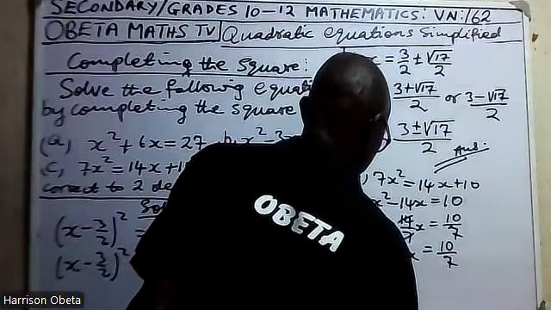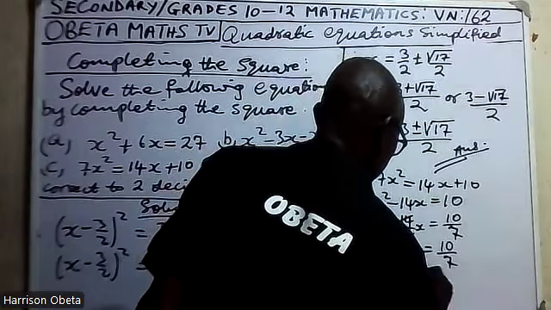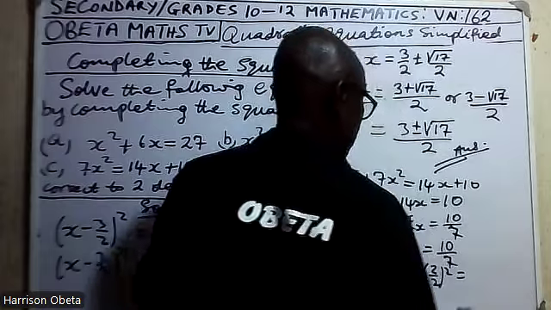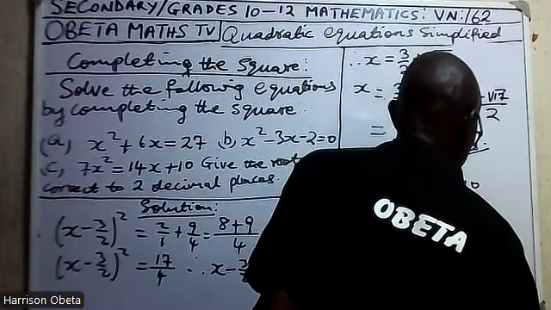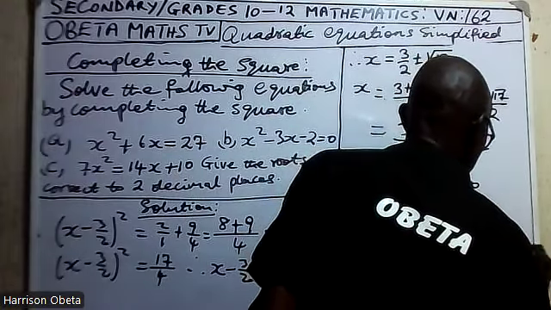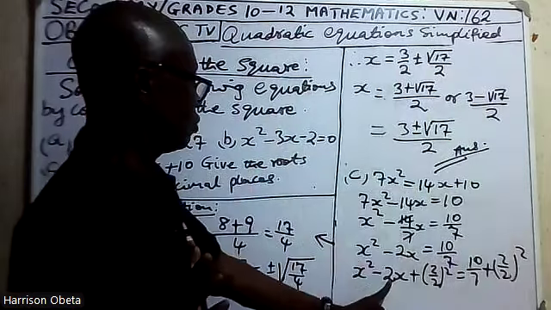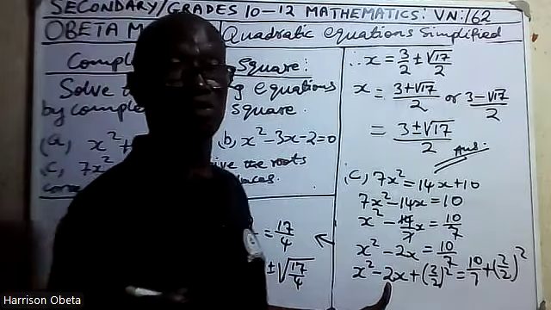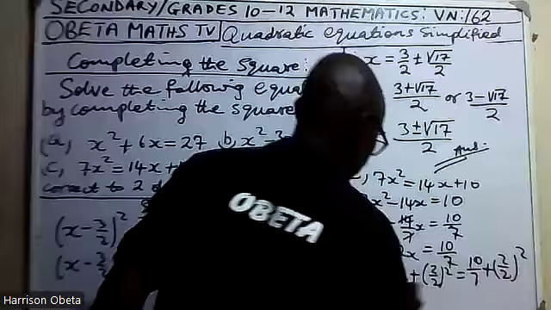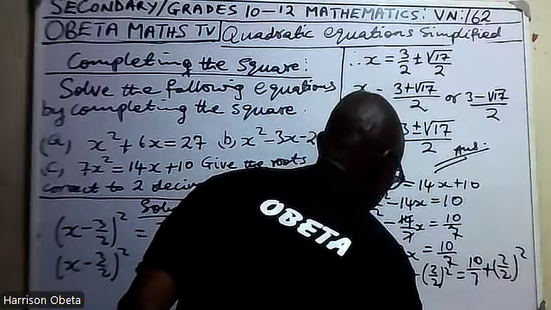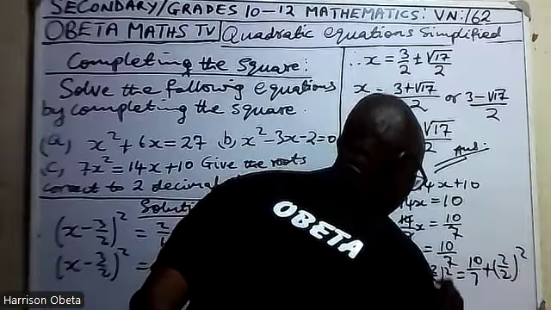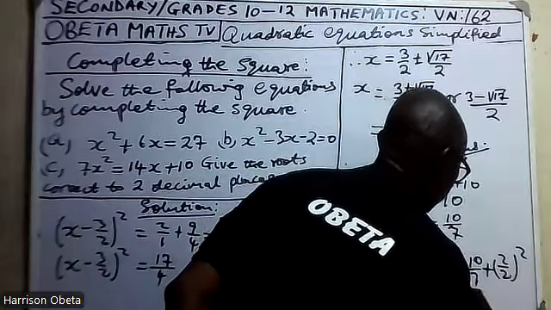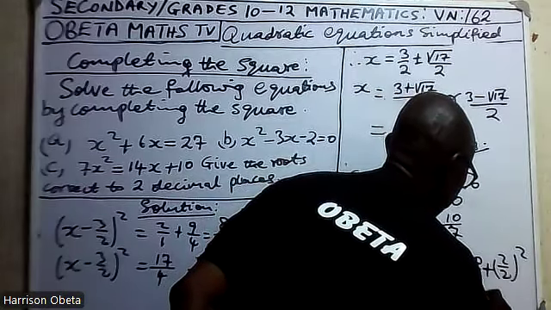So that will be x squared minus 2x plus bracket 2 over 2 squared equal to 10 over 7 plus 2 over 2 squared. Remember what I said earlier? You divide the coefficient of x and square the answer. That is what you are going to add to both sides. So if you do that, that will be x squared minus 2x plus 1, because 1 squared is 1, equal to 10 over 7 plus 1.